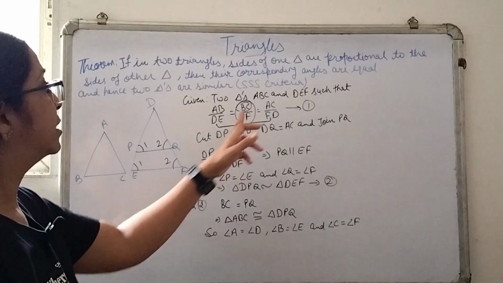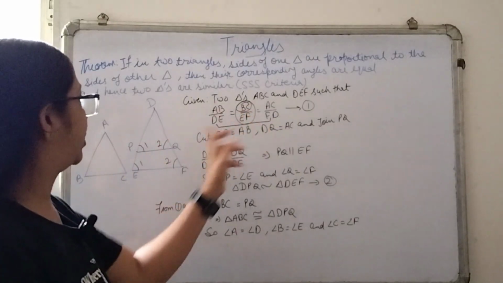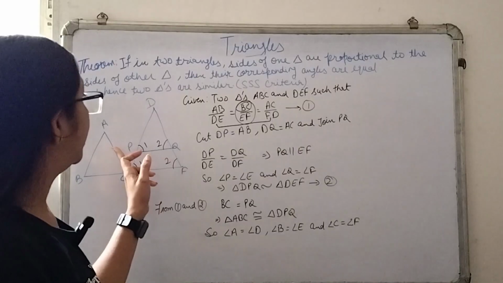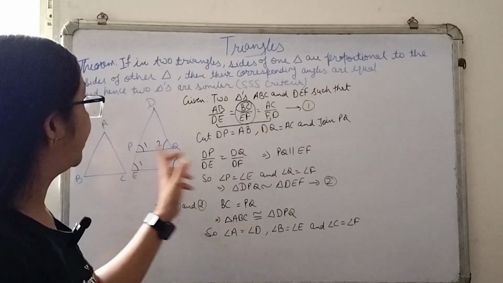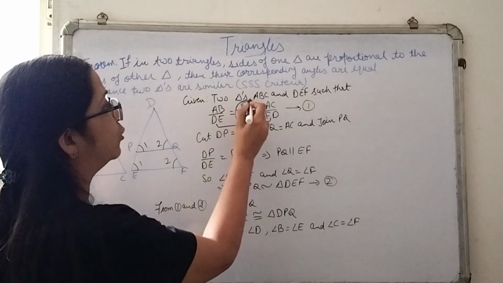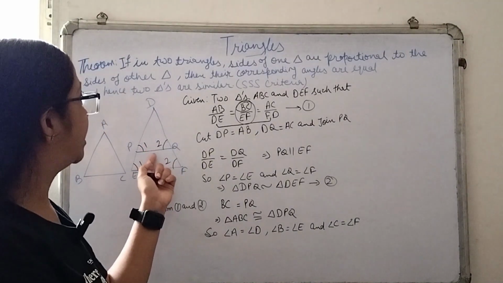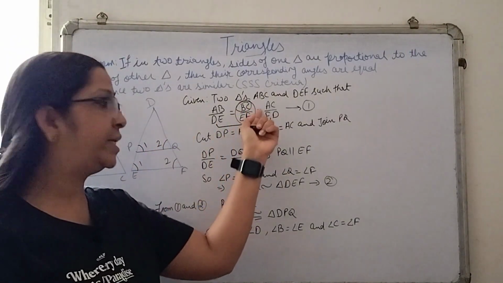That simply means the value of BC will be equivalent to PQ, because this is equivalent to PQ over EF and it is even equivalent to BC over EF. That simply means we can say that PQ will be equivalent to BC.